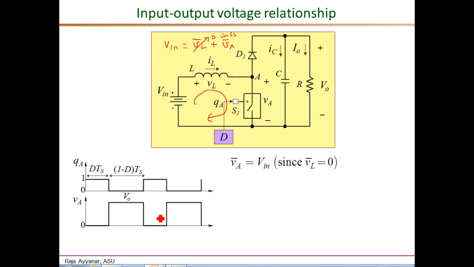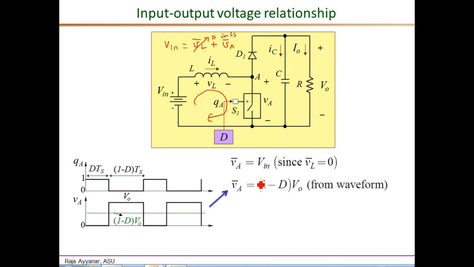Now if you obtain the average value of this V sub A, that would be 1 minus D times VO. Essentially it is 0 for this entire DTS period, and it has a finite value only during the 1 minus D TS period, and that finite value is VO. Therefore the average is 1 minus D times VO. So VA bar we have derived from the waveform is equal to 1 minus D times VO.